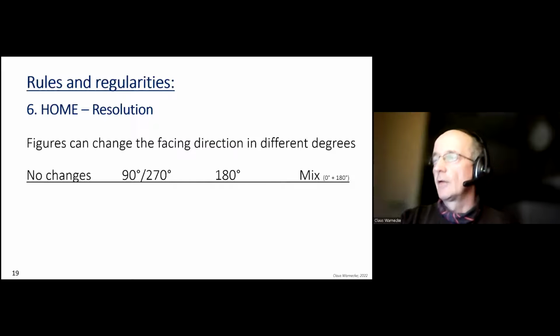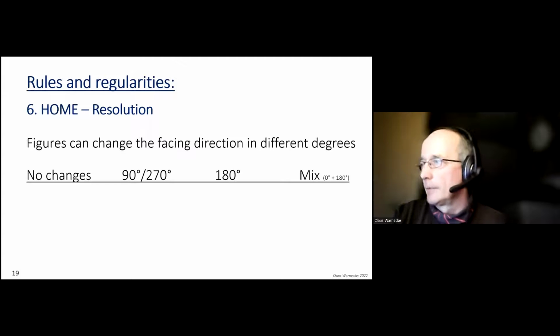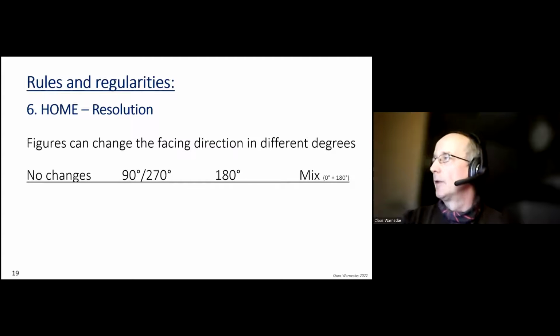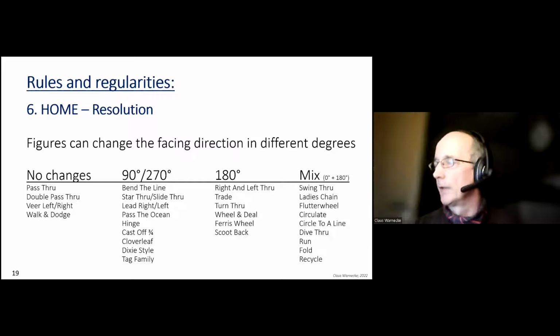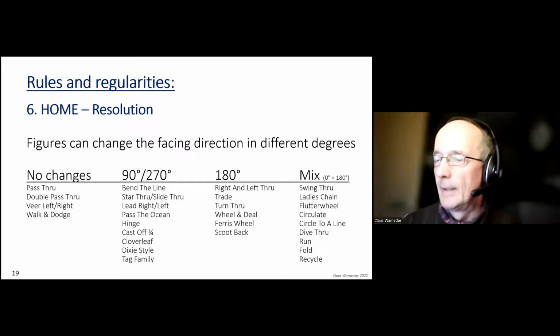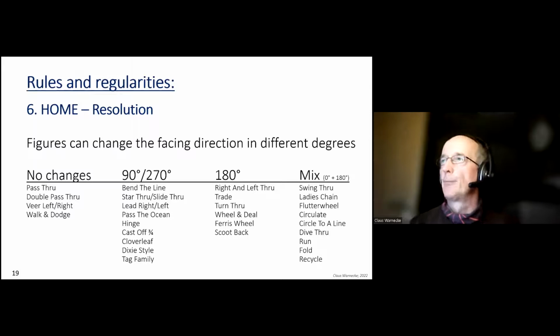Some figures turn 1/4 or 3/4, or 1/2. And some are mixed up. Here are some examples. If we have dancers we want to pair up, you must know which figure you used to pair them.